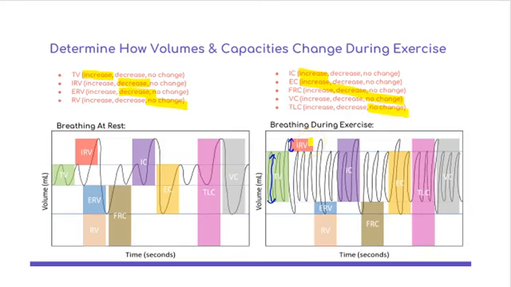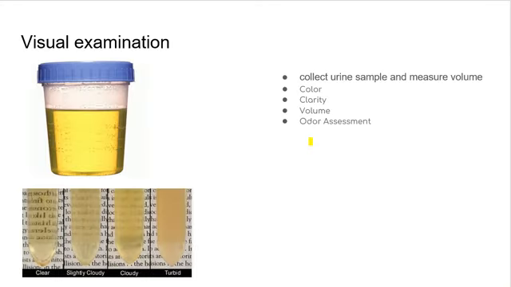No change. And let's go to the urinary system. You should know that for analysis of the urine test, one of the examinations that we are doing is a visual examination. For the visual examination, after collecting the urine sample using the urine cup, we can look at the color of the urine and the clarity of the urine.